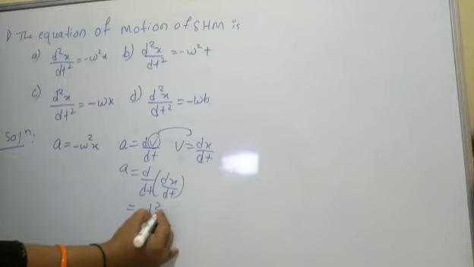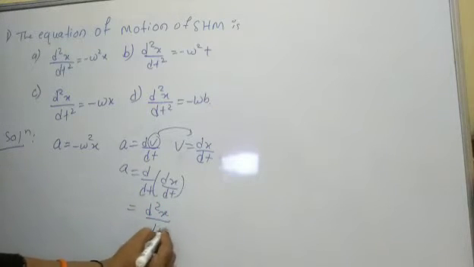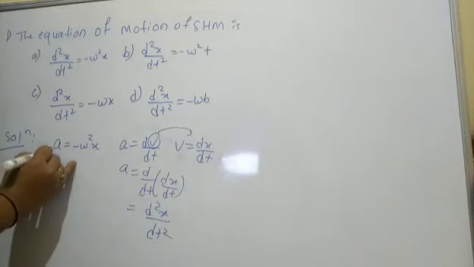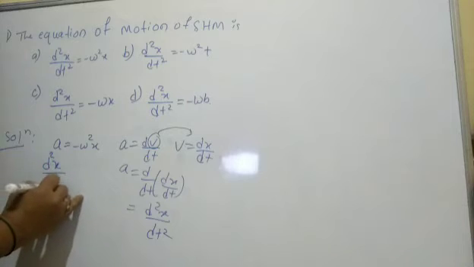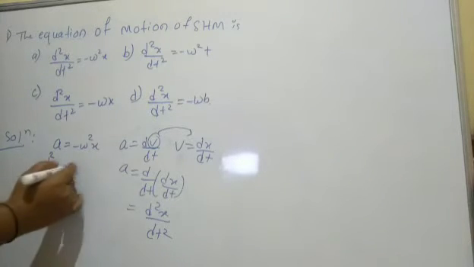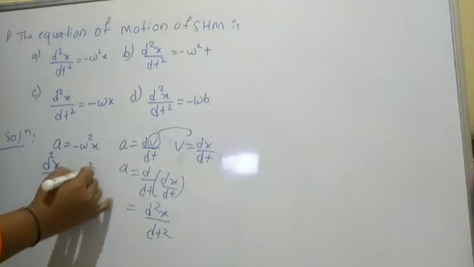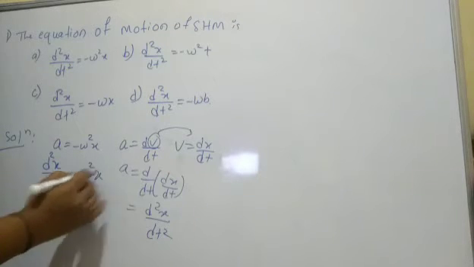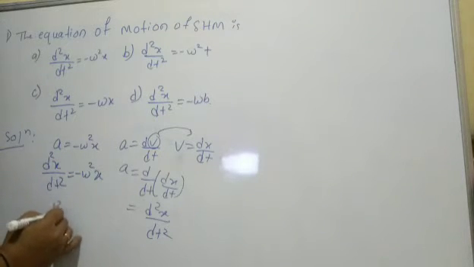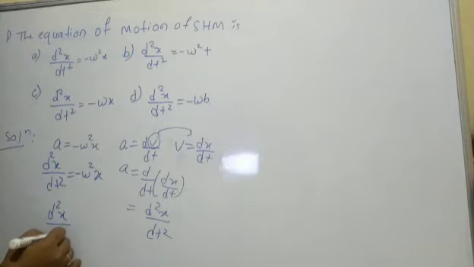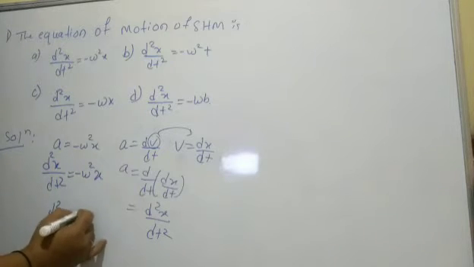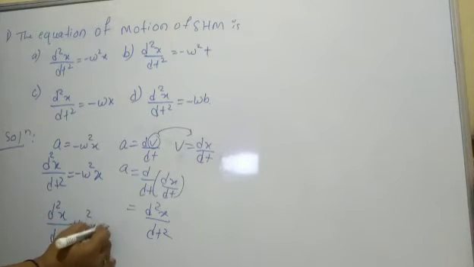So we'll get d²x/dt² here. If you substitute, d²x/dt² remains equal to minus omega squared x. So d²x/dt² plus omega squared x is equal to 0.